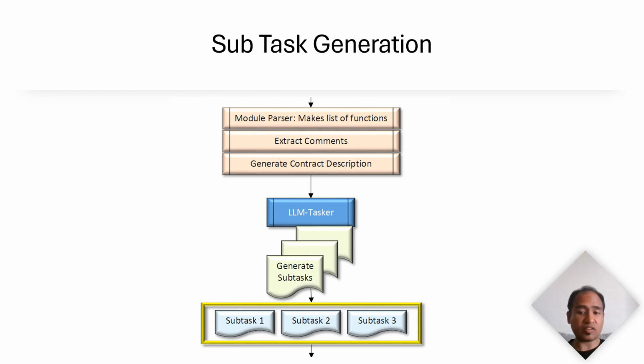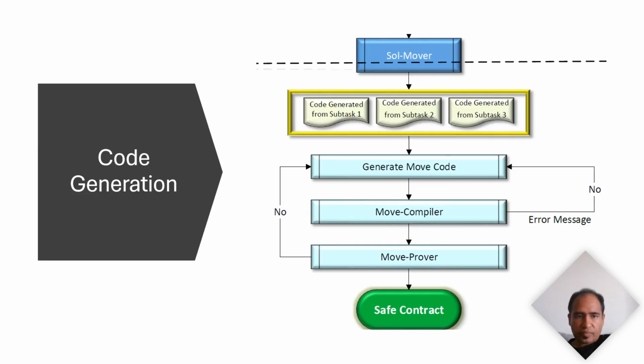The first LLM does not know how to produce code. It only knows to understand a Solidity contract and actually produce subtasks. It doesn't even know if the subtask is going to be in Move or whatever language. Whatever it has been trained on, which for this paper is the Move textbooks and the concepts, it creates these subtasks.